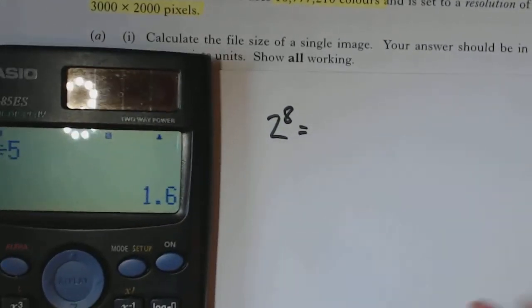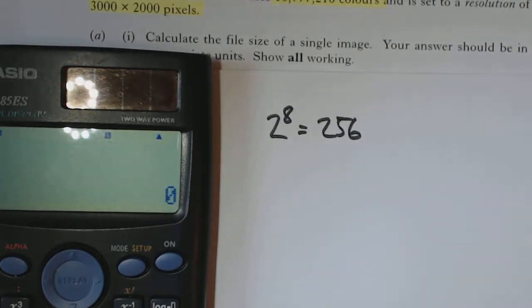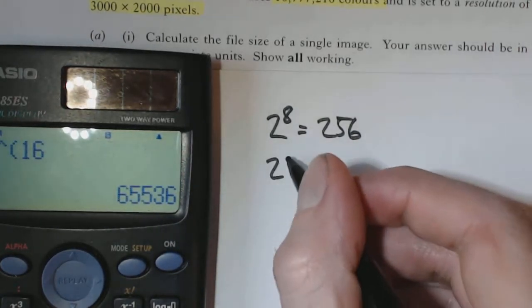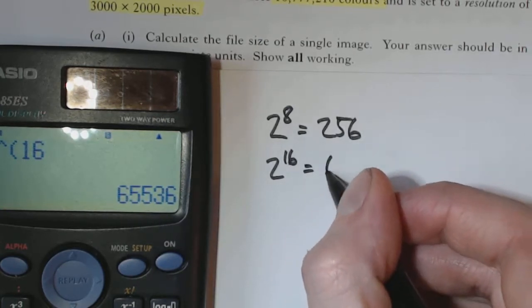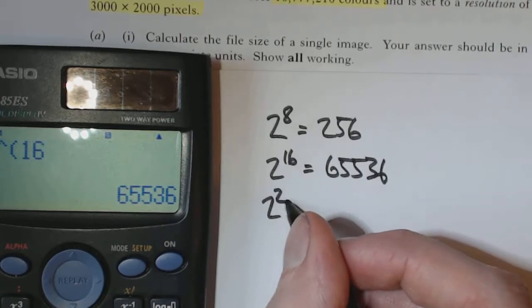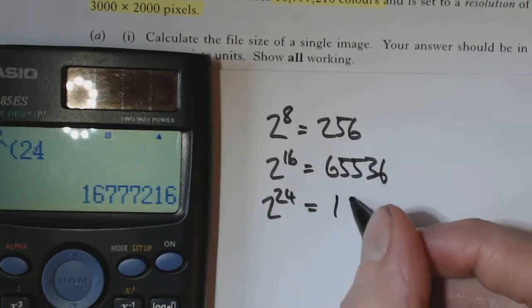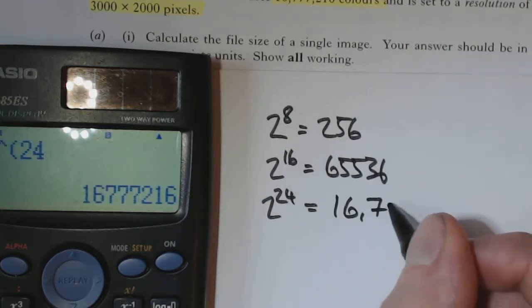For instance, 2 to the power of 8 is 256. 2 to the power of 16 is 65536. And if it's none of these, then it's a good chance it'll be 2 to the power of 24, and that's the one we're after.